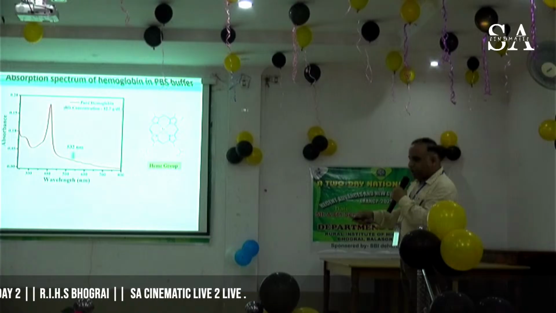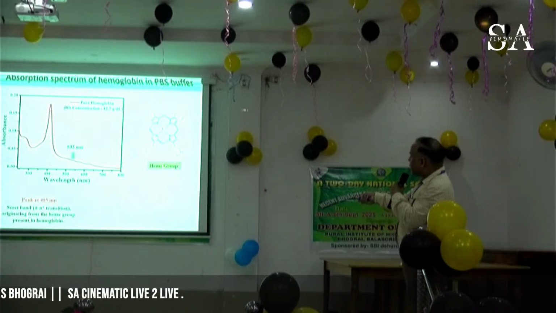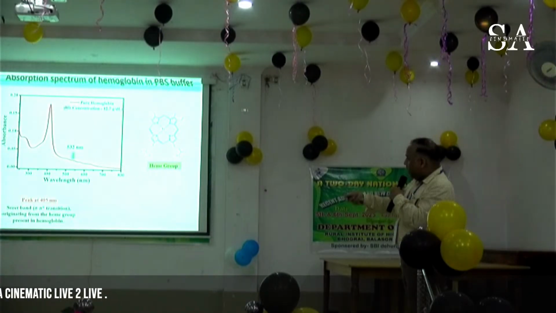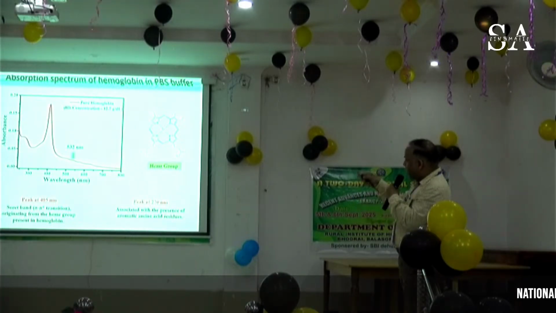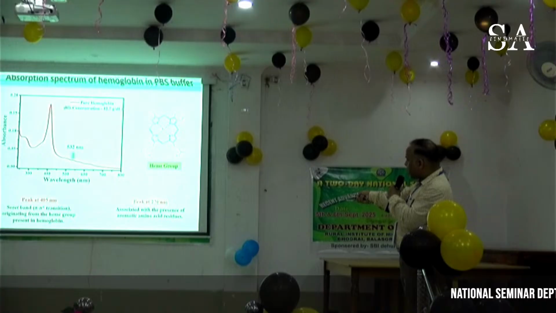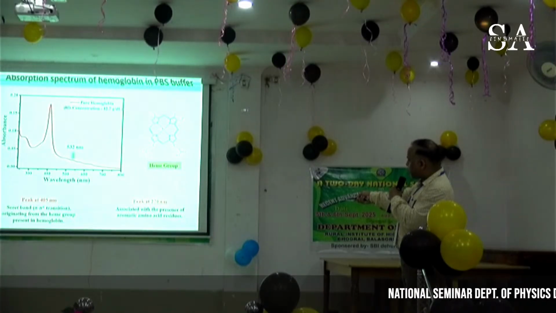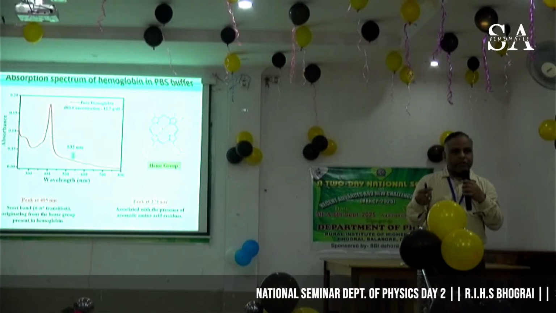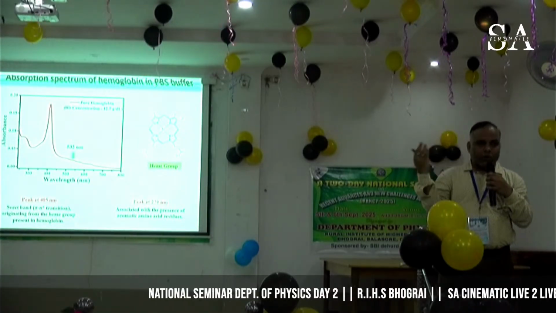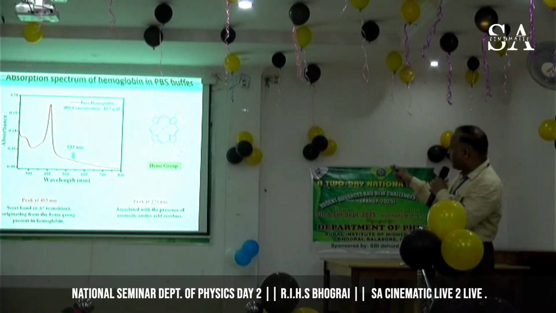So you get a peak at 405 and you also get a peak around 270 nanometer. And the wavelength we are working at is 532 nanometer, where you see there is not much absorption. So we know where the resonant conditions for this molecule are and where exactly we are working.